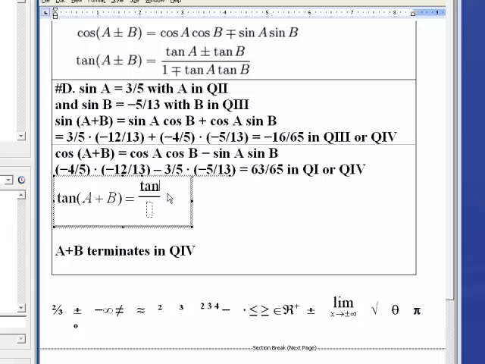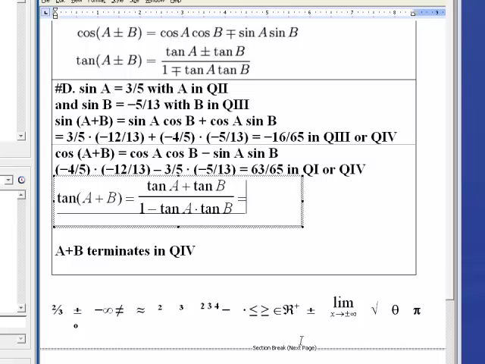So tangent A plus tangent B divided by 1 minus tangent A times tangent B. Okay, let's see what happens. Equals. I guess I'll need a fraction bar.